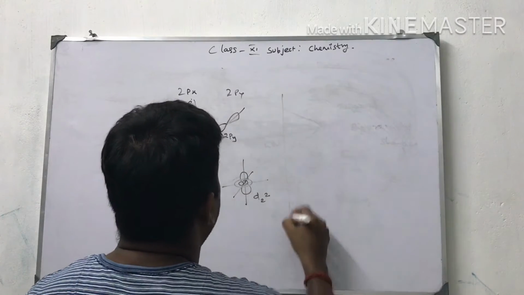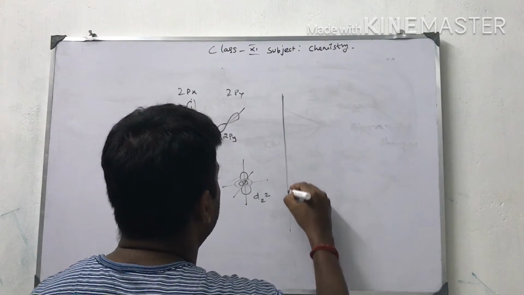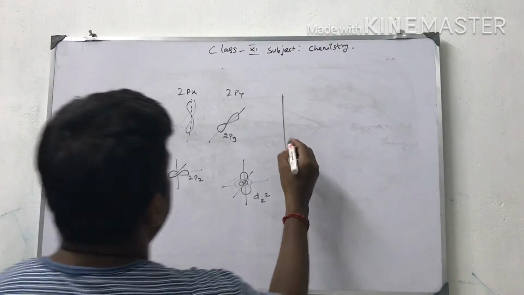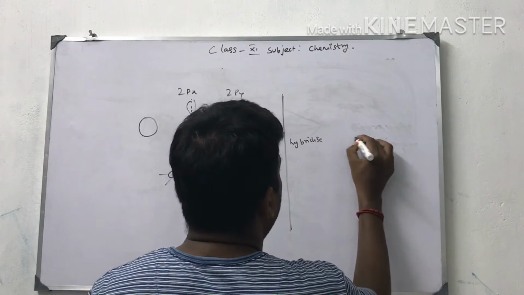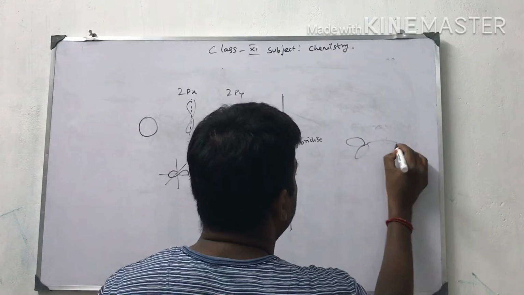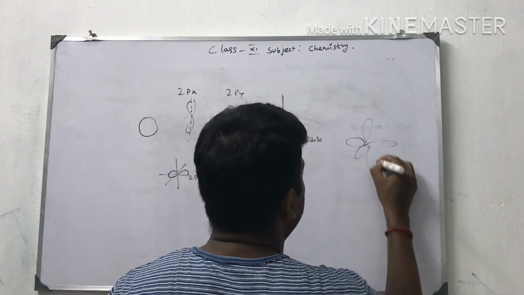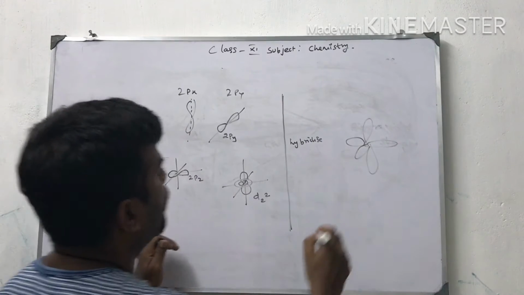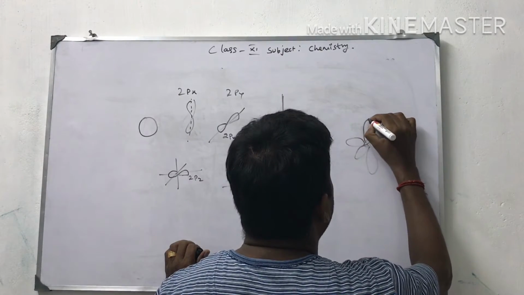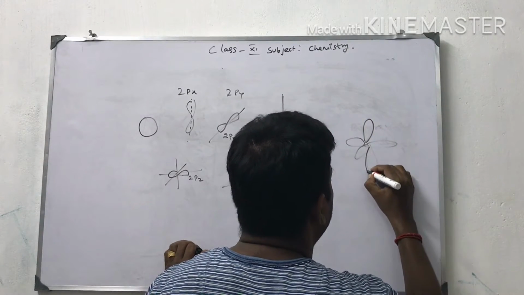So these 5 orbitals hybridize to form bonds like this. This is called trigonal bipyramidal shape. Already we have drawn it. So this is called trigonal bipyramidal shape.